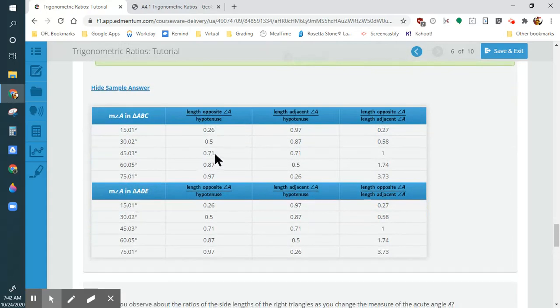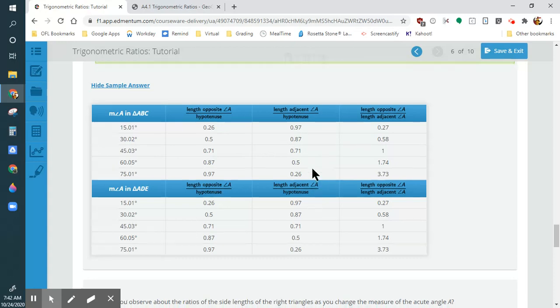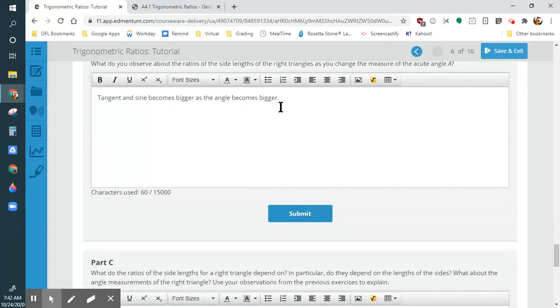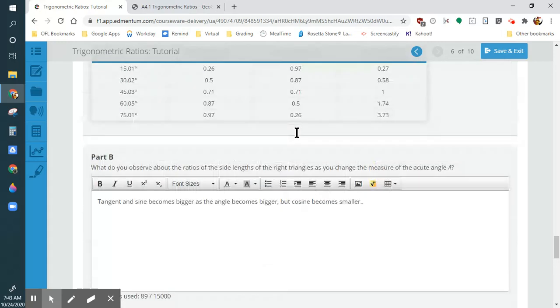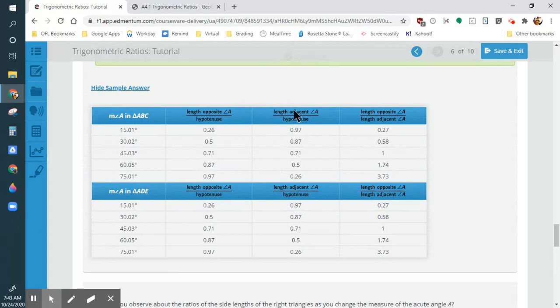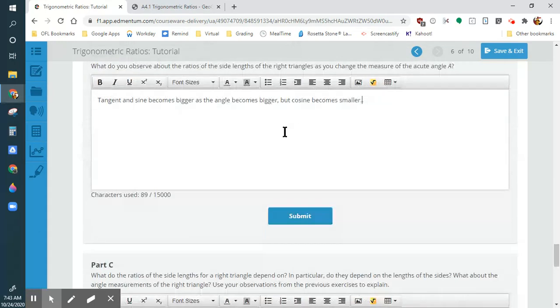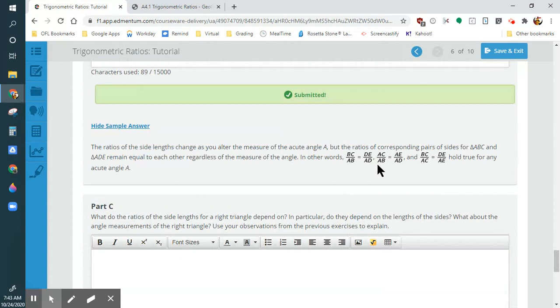Our cosine actually gets smaller as the angle becomes bigger. I recommend using these names. I know Edmentum hasn't taught you them yet, but it's a lot faster than saying your opposite over hypotenuse, this and that. So that's why I taught you that earlier.